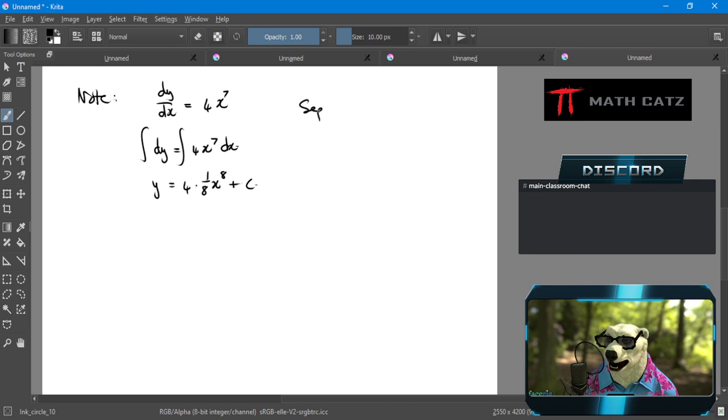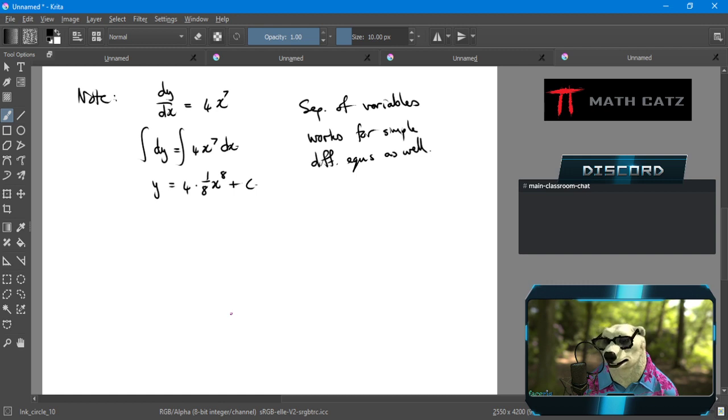So let's write that here. Separation of variables: the method works for simple differential equations as well. There is no other method that we need for our level.